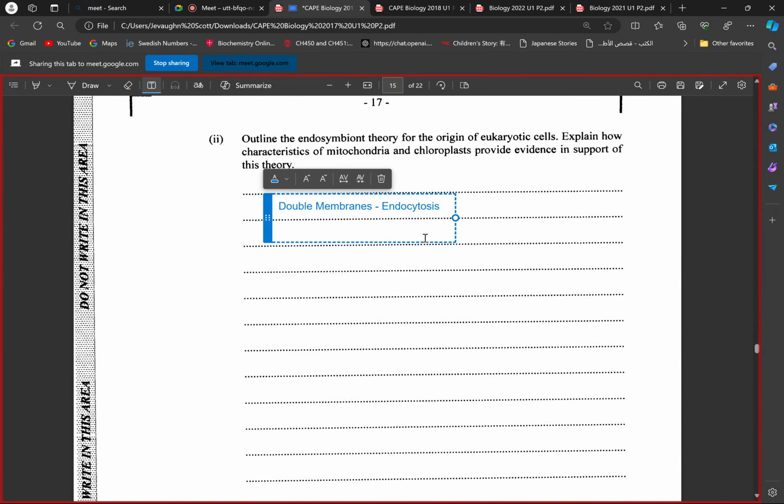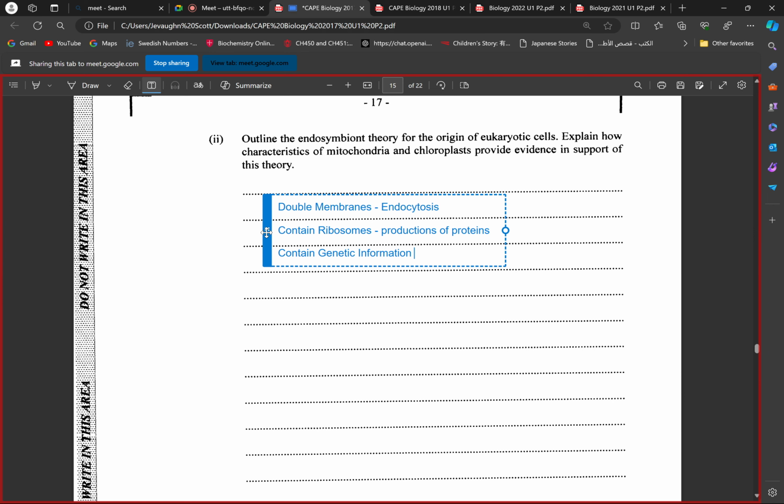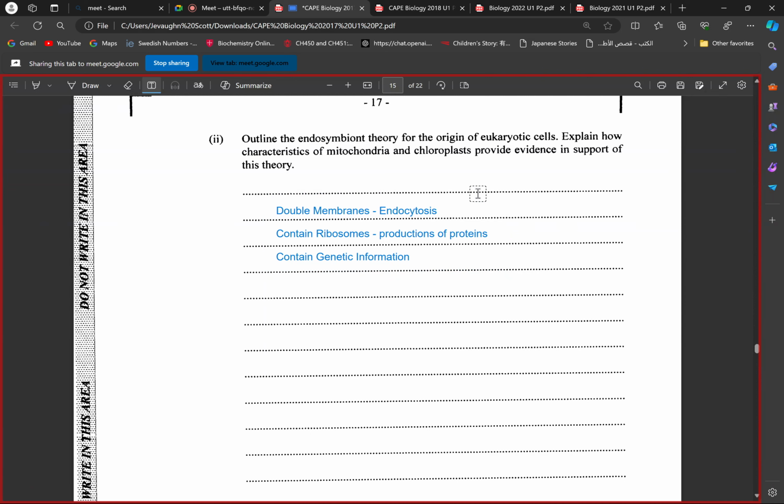We know that they would contain ribosomes, which suggests that somewhere along the evolutionary timeline, they would be causing their own production of proteins, right? And we know that they contain genetic information, right? We're looking at mitochondrial and chloroplastic DNA. So those are some things that we have there.